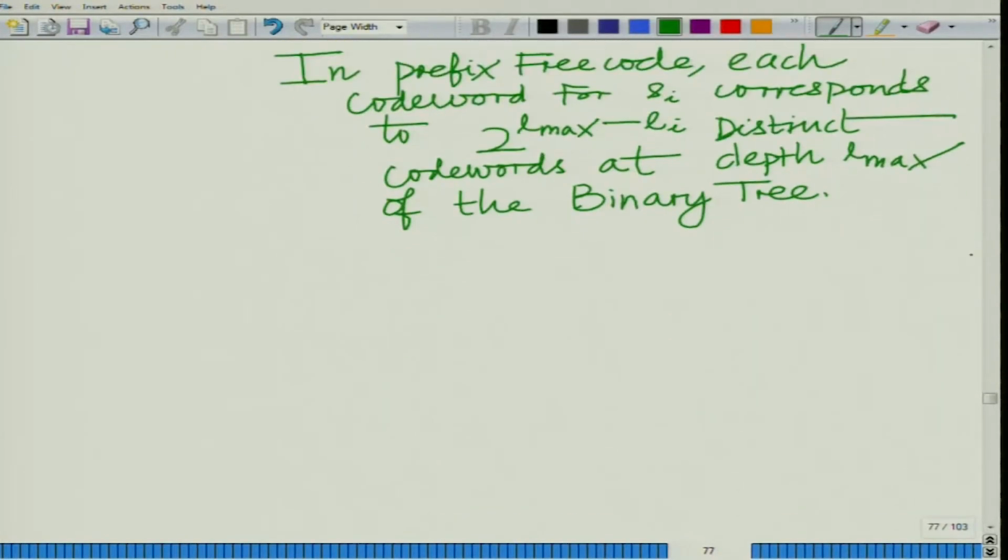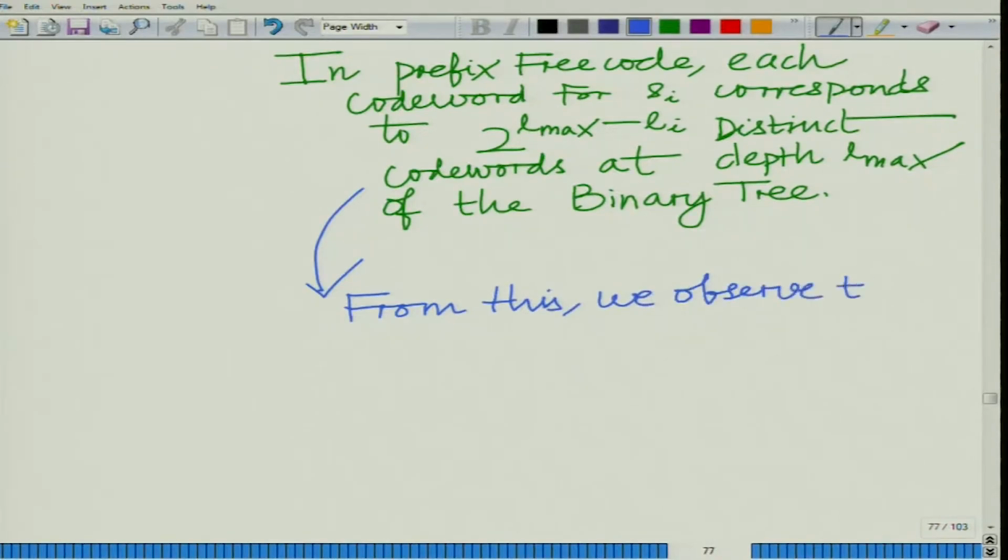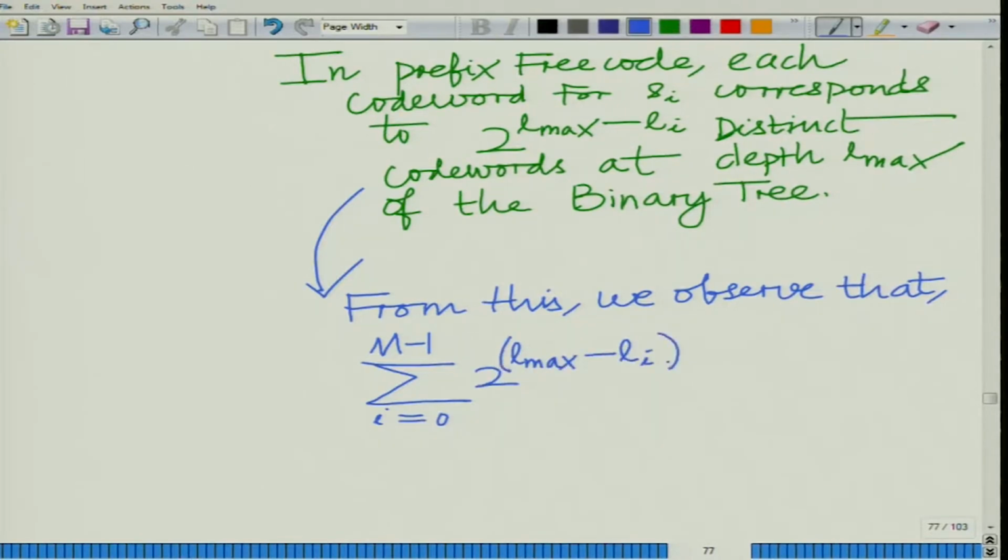Now from this we observe that summation, i equal to 0 to m minus 1, 2 to the power of L max minus Li must be less than or equal to 2 to the power of L max.